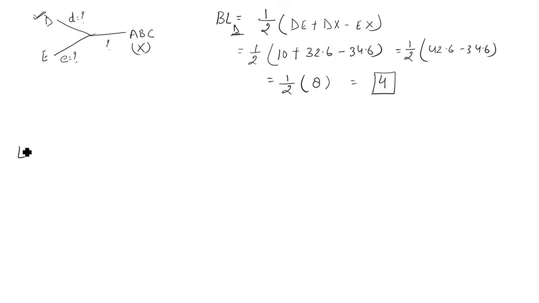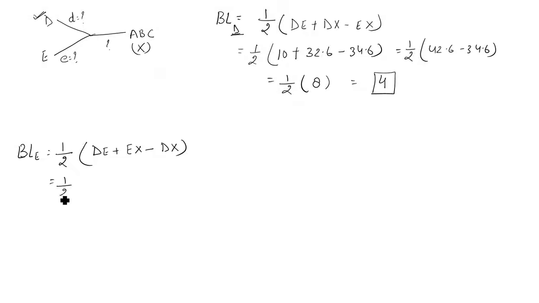Now calculate for E. Branch length of E equals 1 by 2. You can pause the video and calculate for E within a few seconds, and then start the video again and check whether you have done it correctly or not. Okay. So for E, it is again DE plus EX minus DX.